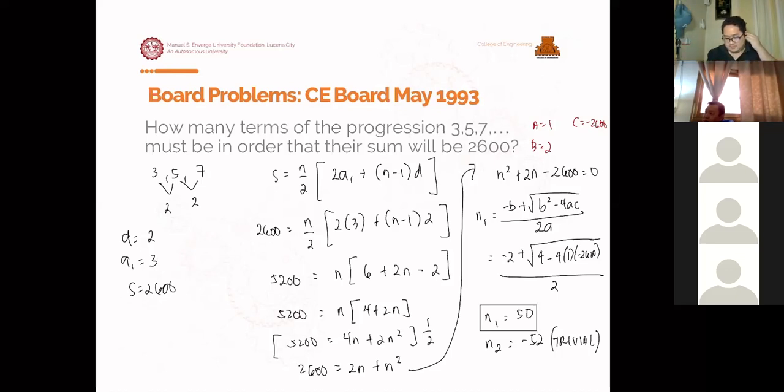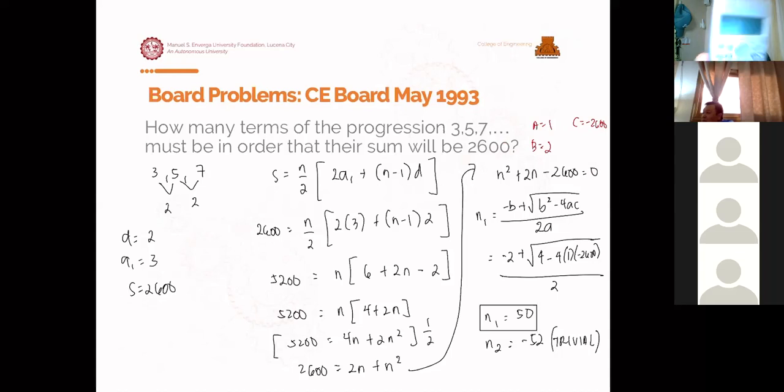Ilalagay ko, sir, 1. 1 equals, yung value po ng ABC natin na nakuha. 1 equals, 3 upon 5. Mode 1, mode 5, 3. At i-input nyo lang 1 equals, 2 equals, negative 2,600 equals, equals ulit.